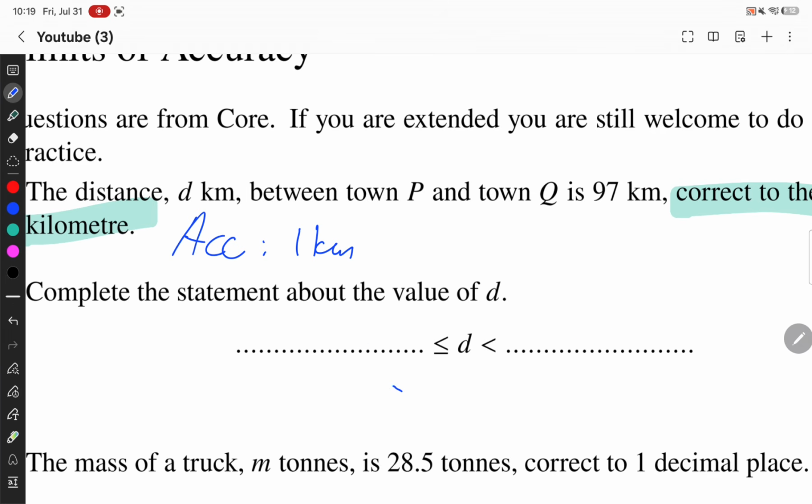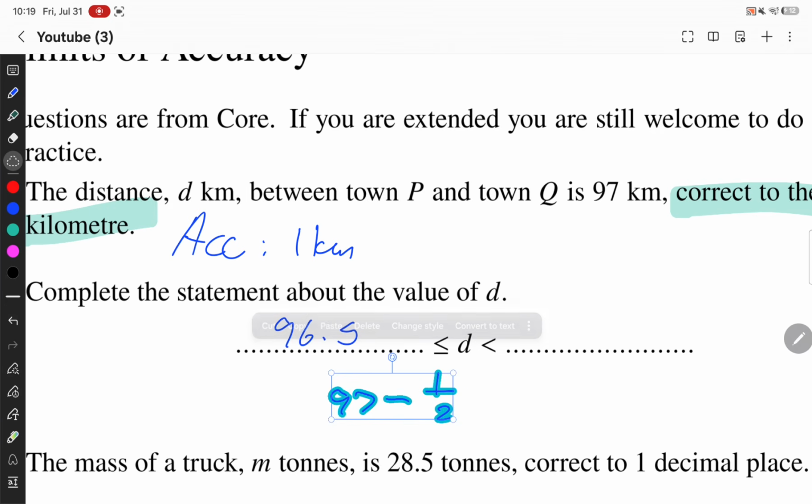The lower bound of D is 97 minus a half, which is 96.5, and the upper bound is 97 plus a half, 97.5.